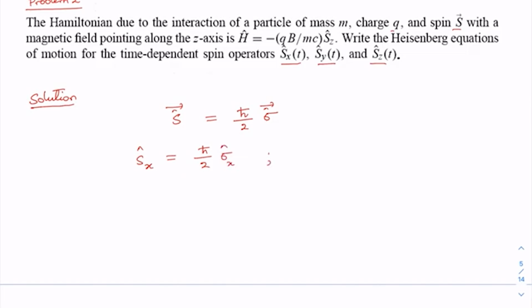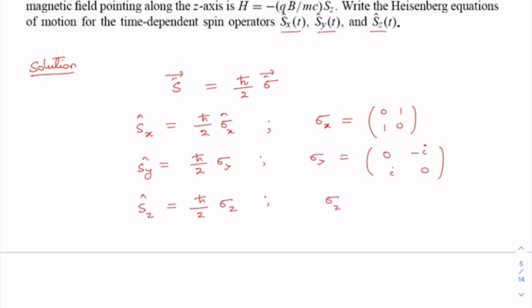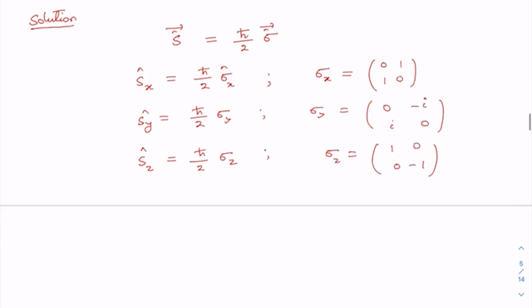Sigma x is the x component of the Pauli matrix, and you may recall that sigma x is 0 1 1 0. Similarly we have S_y equal to h cross by 2 sigma y, and sigma y is 0 minus i, i 0, and S_z is equal to h cross by 2 sigma z, and sigma z is 1 0 0 minus 1.